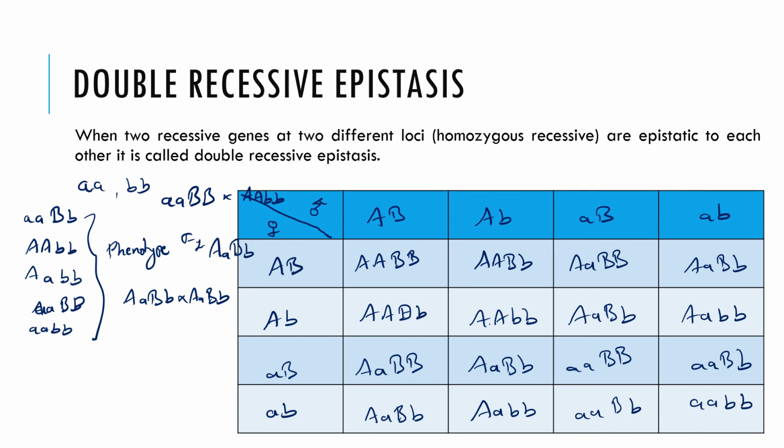So now, what we get, as they are homozygous dominant, both of them will be normal.